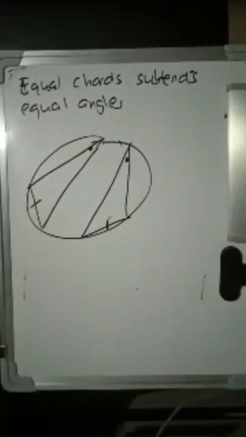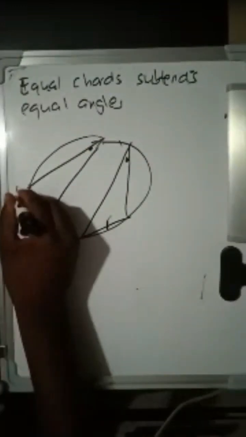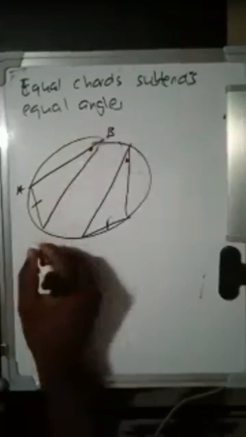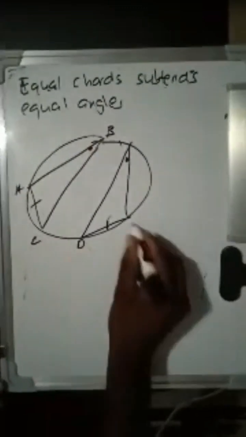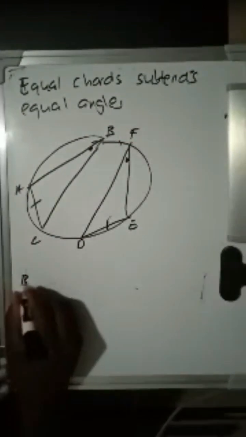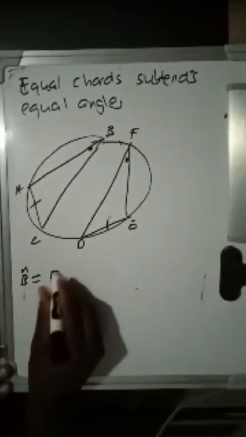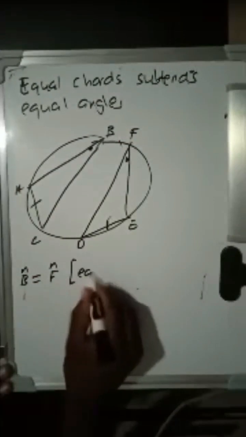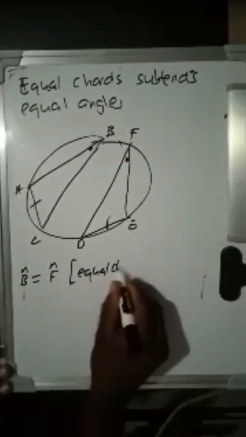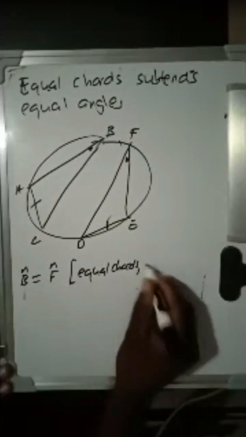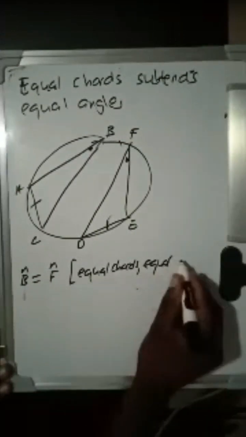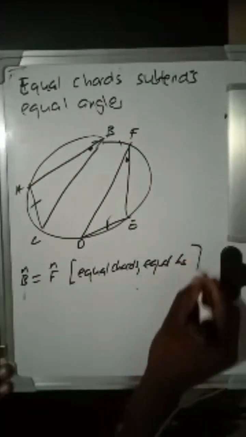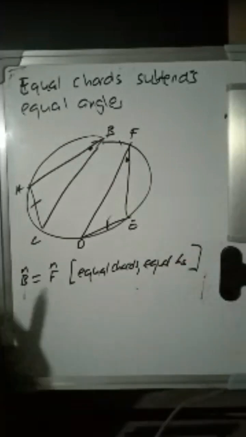So let me just name them A, B, C, then D, E, F. It means angle B there is equal to angle F. Why? We say equal chords, equal angles. Equal chords subtend equal angles on the circumference.